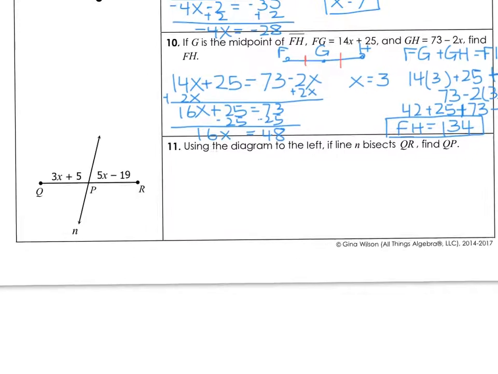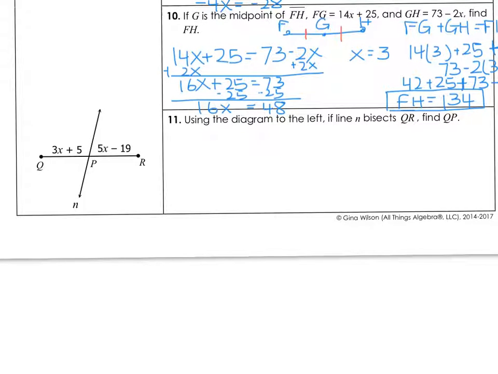And the last one uses the diagram to the side there. It says the line N bisects QR. So that means QP equals PR. So let's go ahead and create that equation. Subtract 5x.